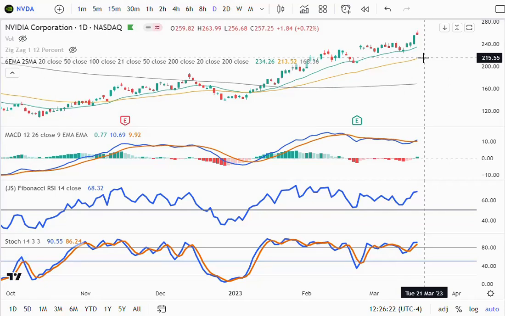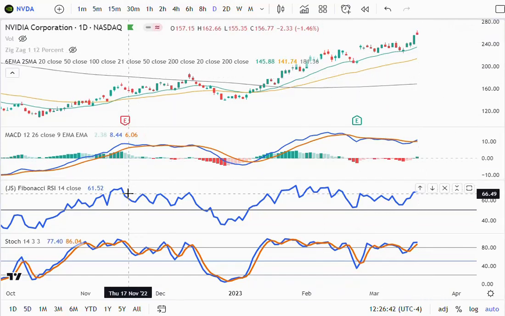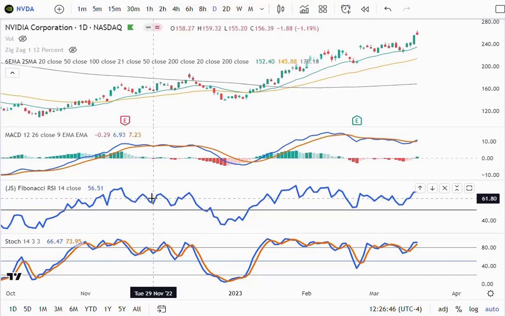Unless the market collapses, unless, let's say, there's a significant decline in the stock market because of what's happening in the banking sector, and so forth. If that happens, then obviously NVIDIA is going to react to it. But in the absence of a significant collapse of the economy and the stock market, I think NVIDIA has great potential in coming weeks and months.